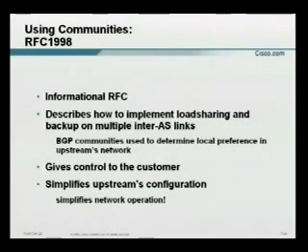So specific communities were set aside within their network to implement multi-homing. And the good thing about this, it gave control to the customer, as I was talking about before, and it simplified their configuration greatly. I mean, when this RFC was published, we adopted it in our network in Europe, and we used this for all our own connections.